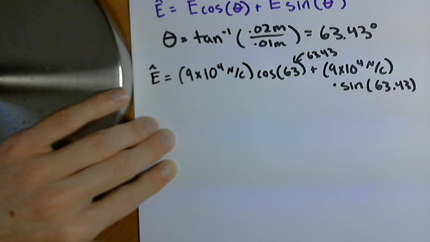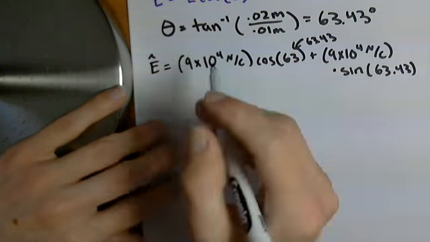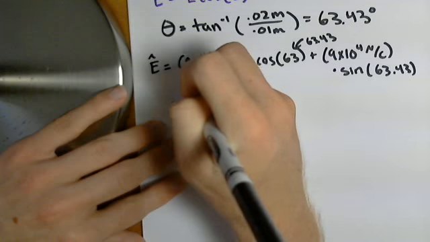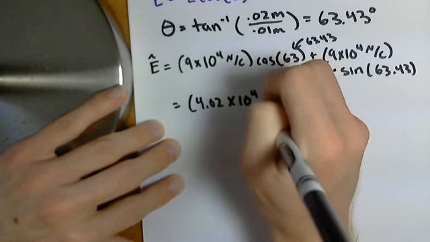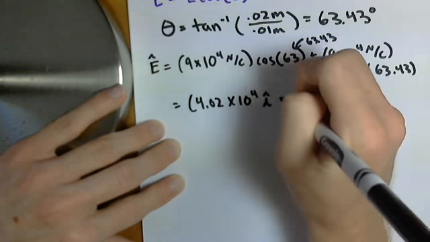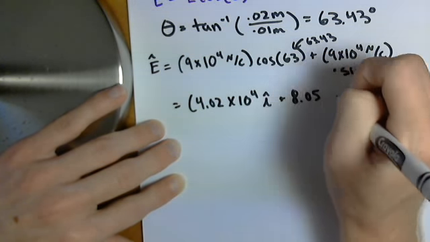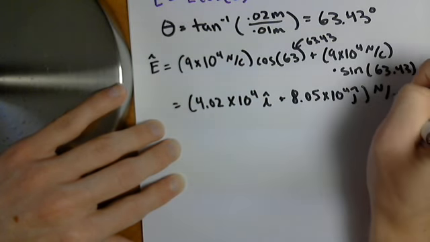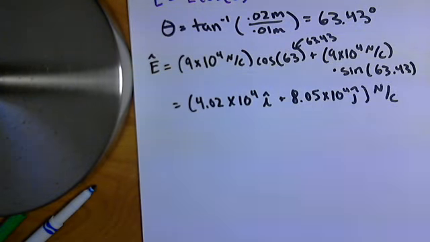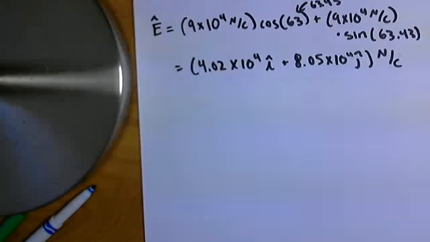We use a calculator to solve this, and we get the answer 4.02 times 10 to the 4th i plus 8.05 times 10 to the 4th j. And that is the answer for the first electric field.